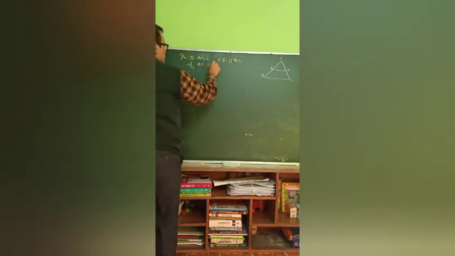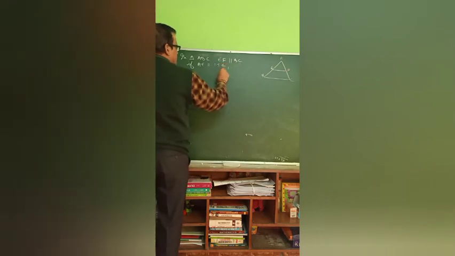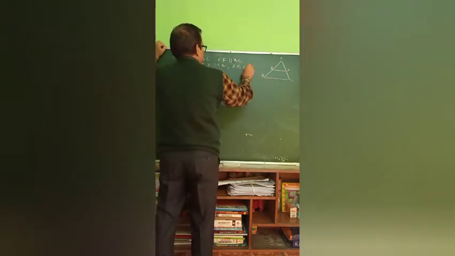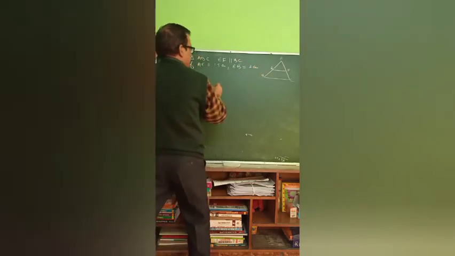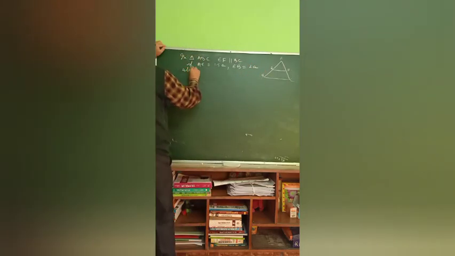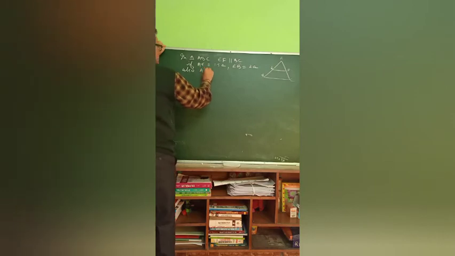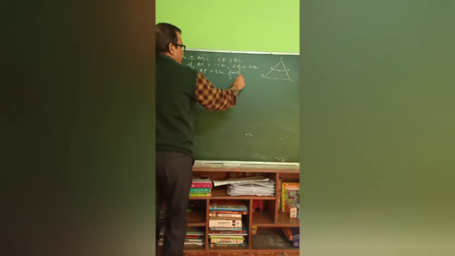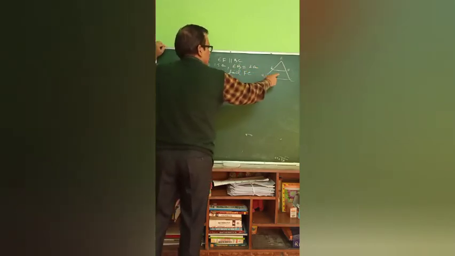If AE is equal to 1.5 centimeters, EB is equal to 2 centimeters, also, AF is 3 centimeters. Find FC.